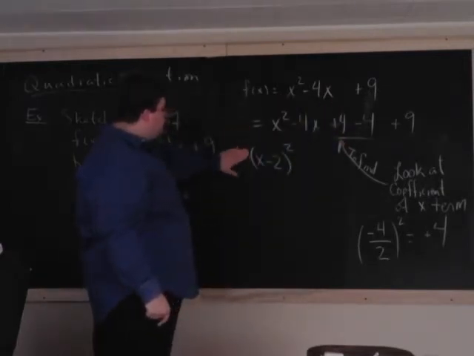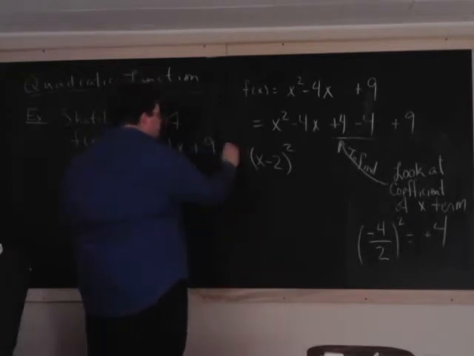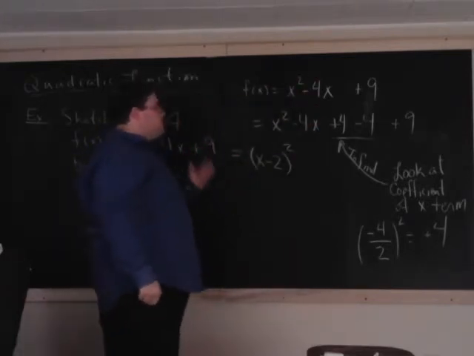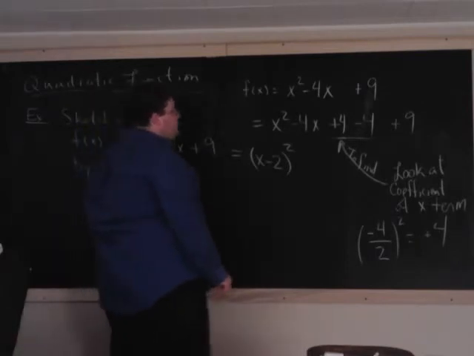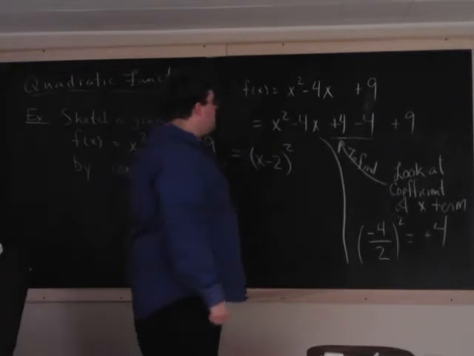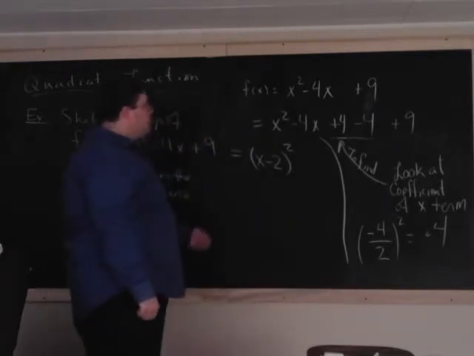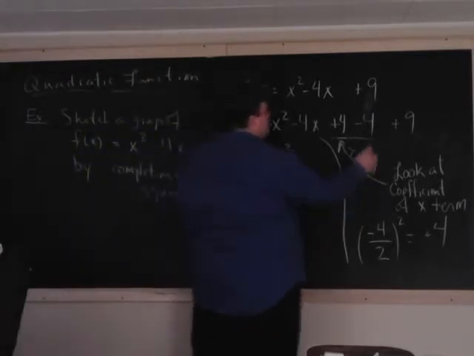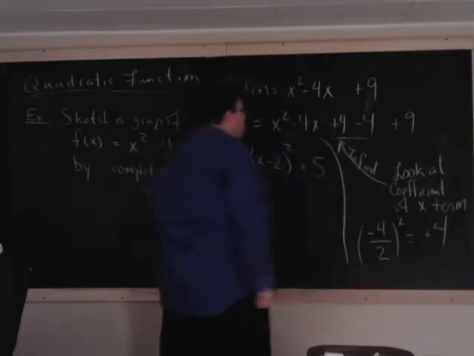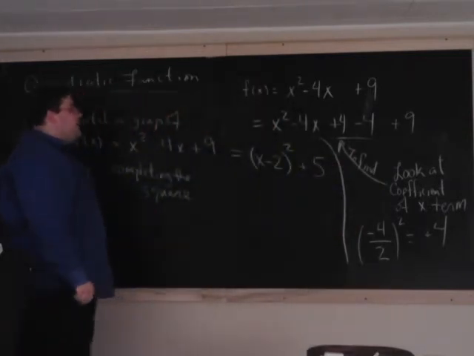That's why it's called completing the square, because it allows us to write all of these things with x as a perfect square. So these first 3 terms became x minus 2 squared, and we're left with a negative 4 and a positive 9. Negative 4 and positive 9 make a positive 5.